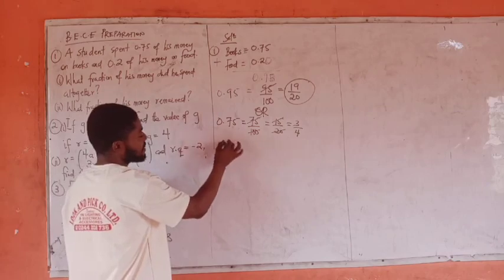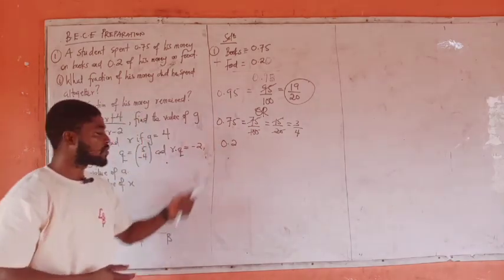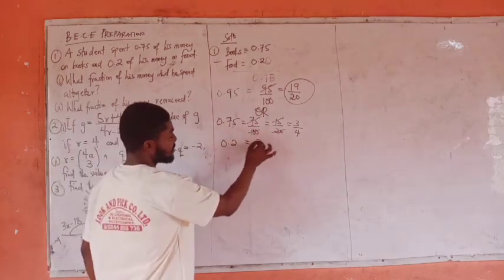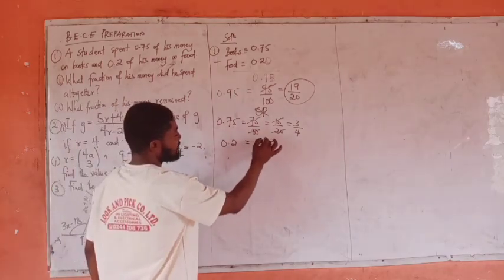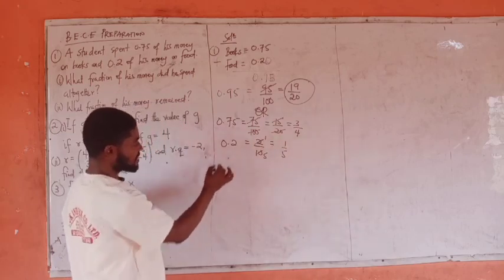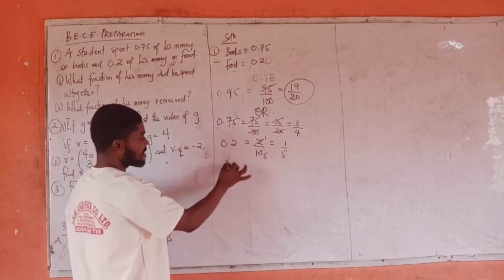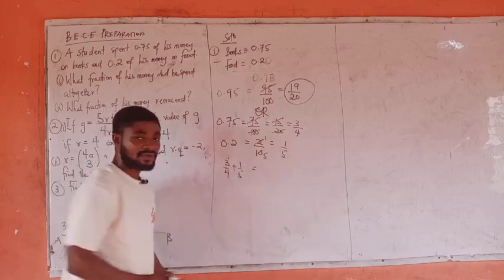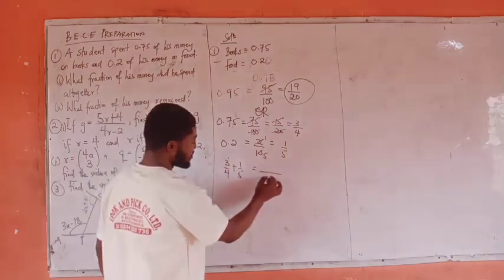I take 0.2. This is just one decimal place, so it's going to be 2 out of 10. 2 here, 1. 2 here, 5. 1 over 5. So the two fractions put together: 3 over 4 plus 1 out of 5. What's my LCM? My LCM here is 20.